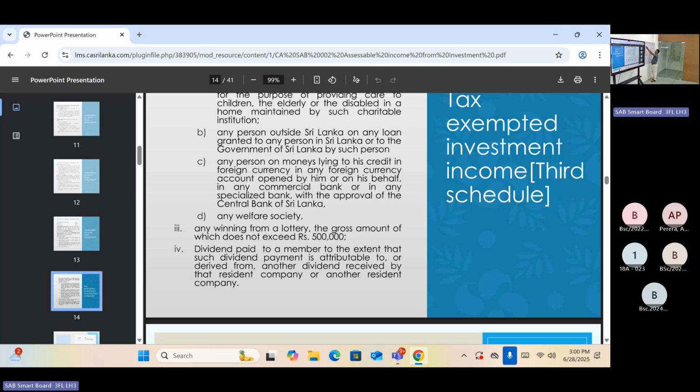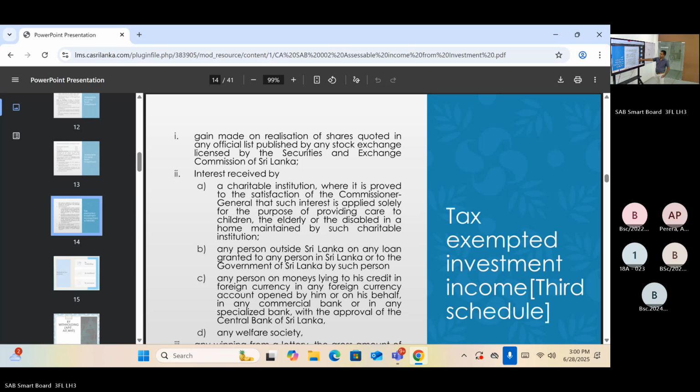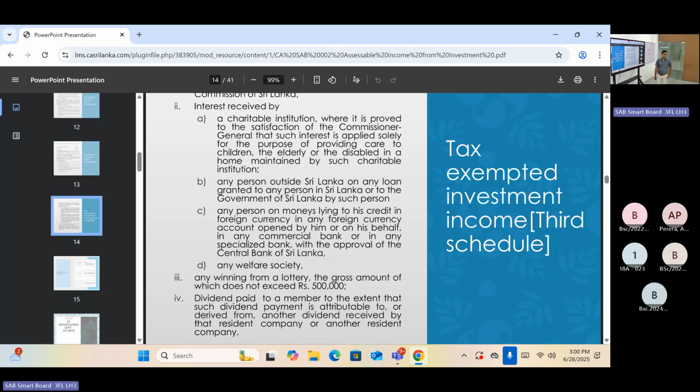So shareholders are taxed. Dividend paid out of dividend is tax exempt. Right. That's right. Shall we have a break?